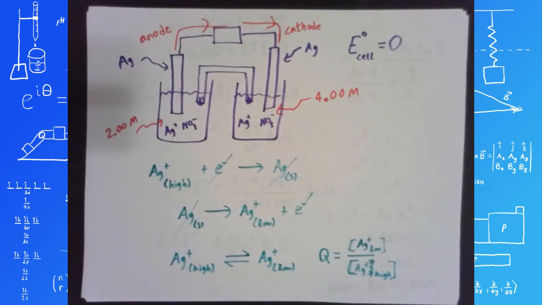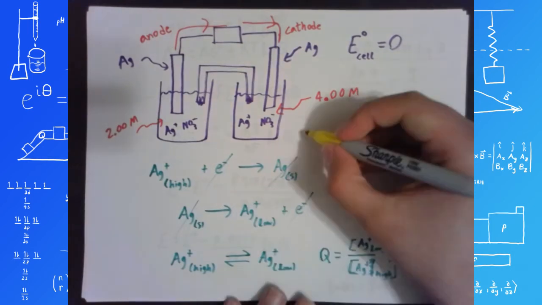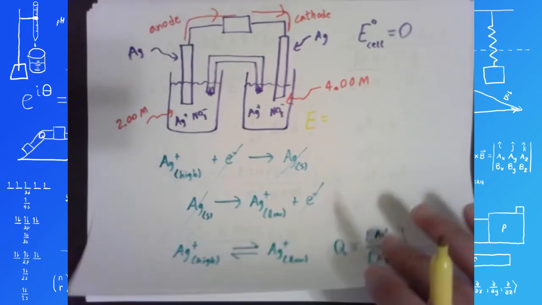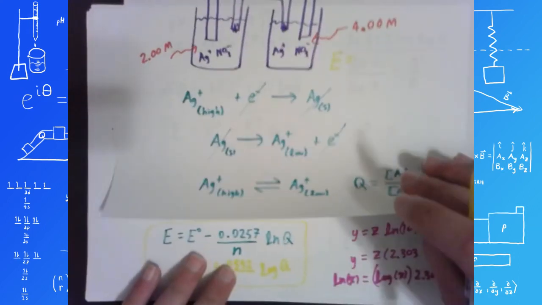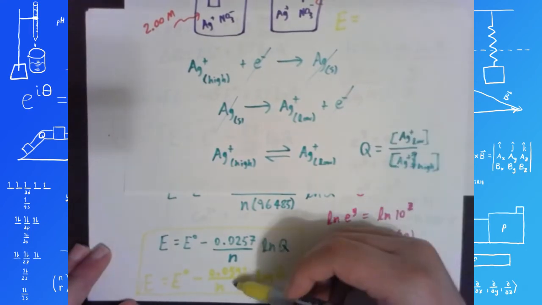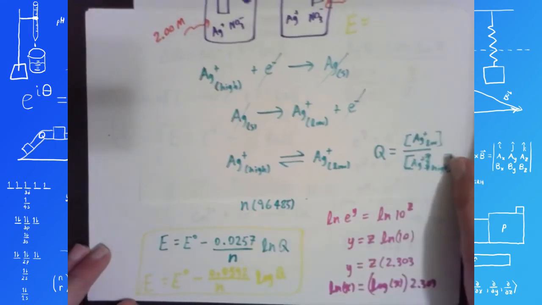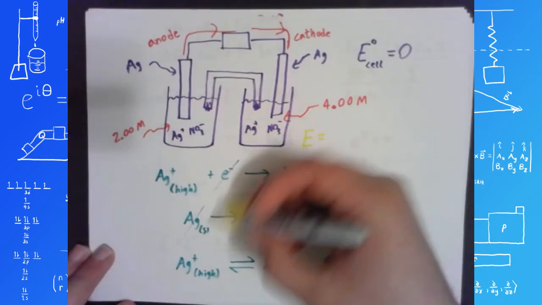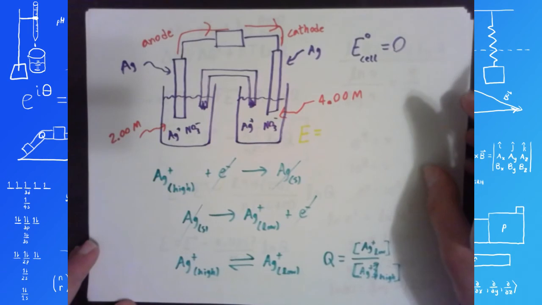And so we can calculate the non-standard cell potential here. It'll be E equals, let's say that this does occur at room temperature and just use the shortcut formula, one of them. Let's use the bottom one. N equals 1. There was one electron that we canceled out when adding the half reactions.